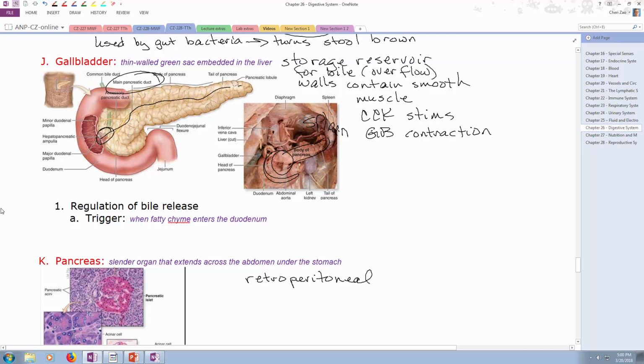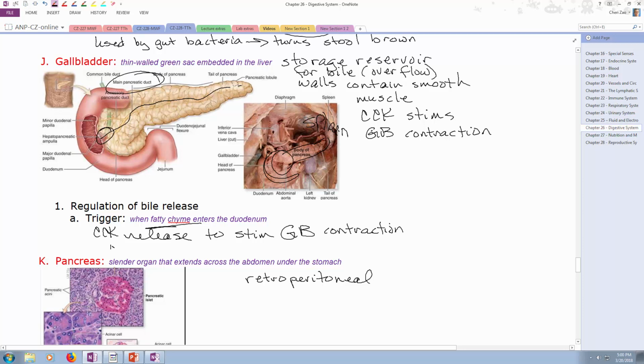Regulation of bile release, well, we actually already figured that one out. Trigger: fatty chyme enters the duodenum and causes CCK release. And then also, this is to stimulate GB contraction.